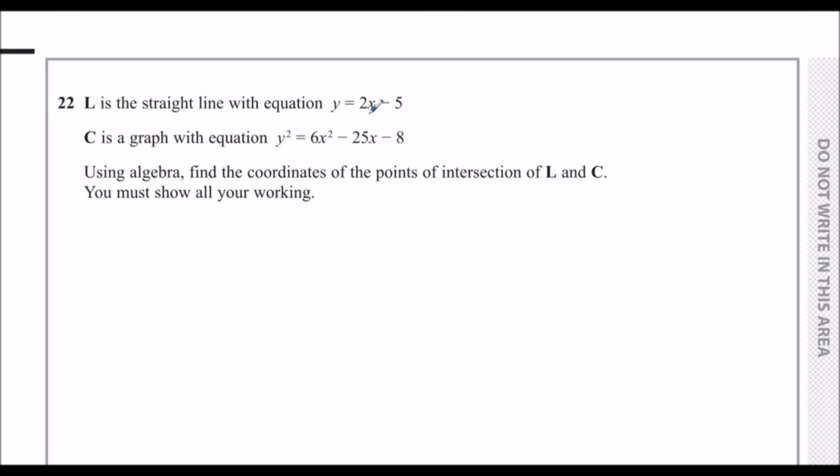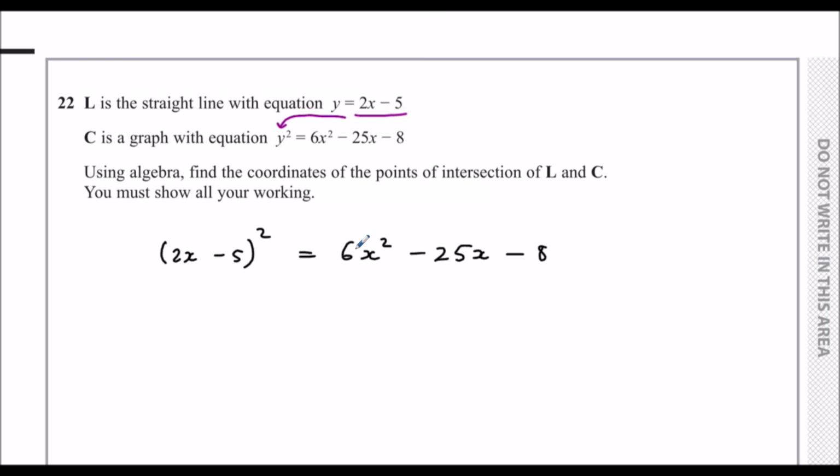So we're going to take 2x minus 5 and substitute it in for y. So we're going to change the y in the second equation into 2x minus 5. So we've got (2x minus 5) squared equals 6x squared minus 25x minus 8.